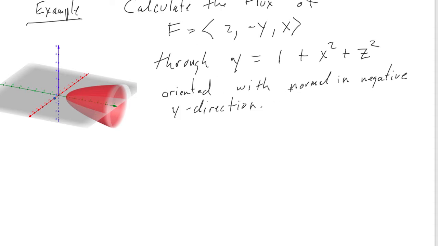All right, so let's look at why we're choosing this. So we're basically saying that the outside is in the positive direction. So if you look at it, it says oriented with normal in the negative y direction.